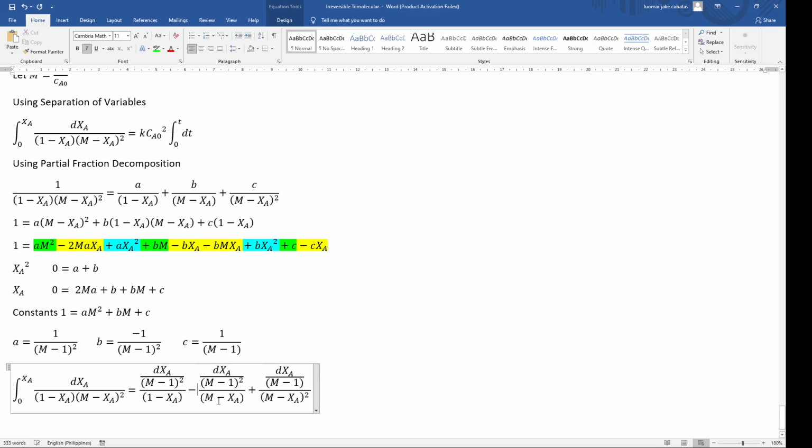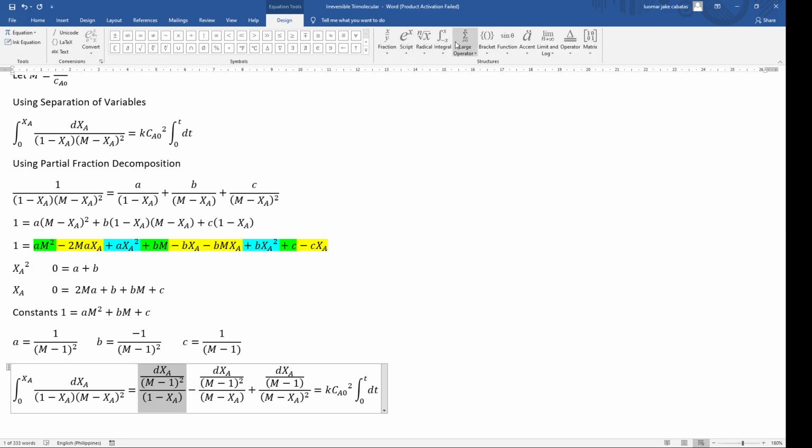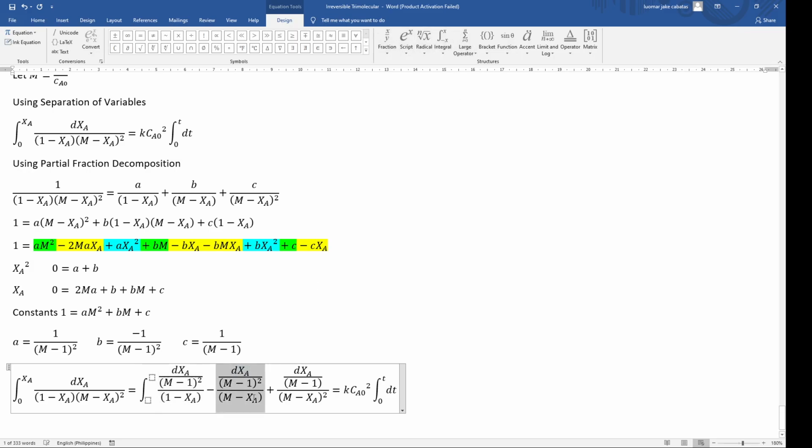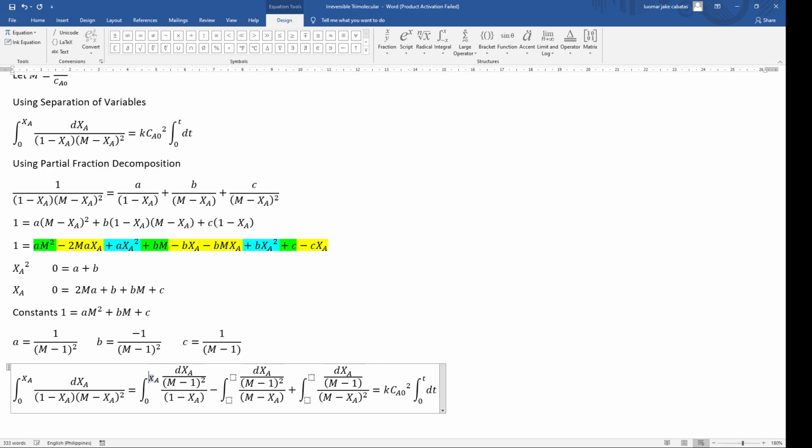But this one is negative 1, negative 1 m. This is equal to that. And then we do integration with limits from 0 to x_A.